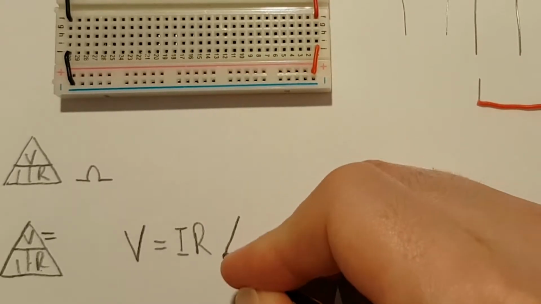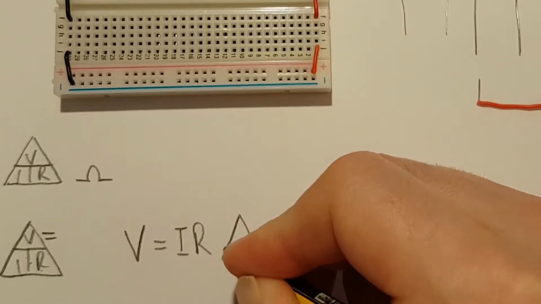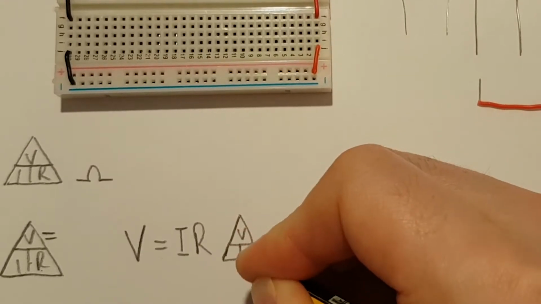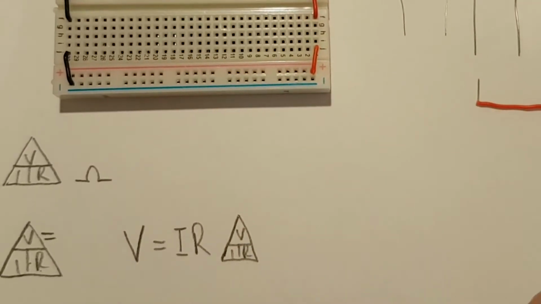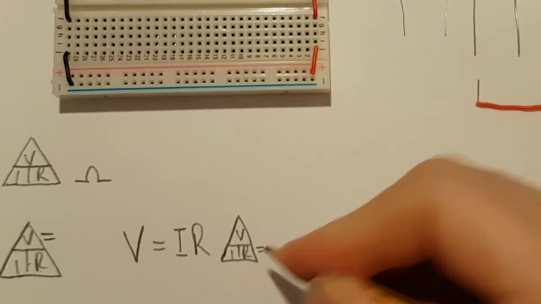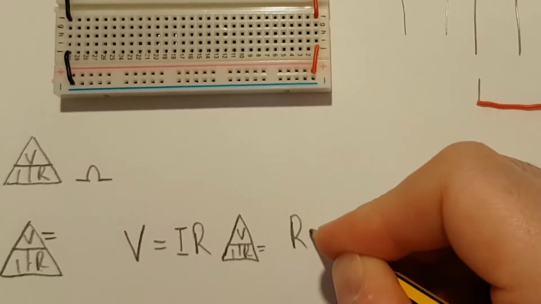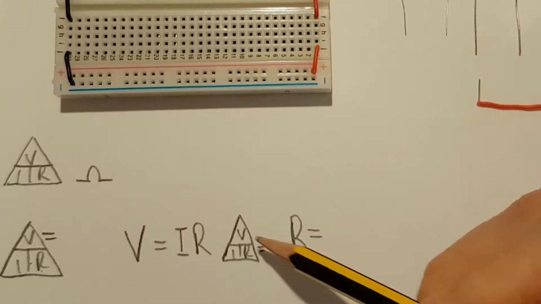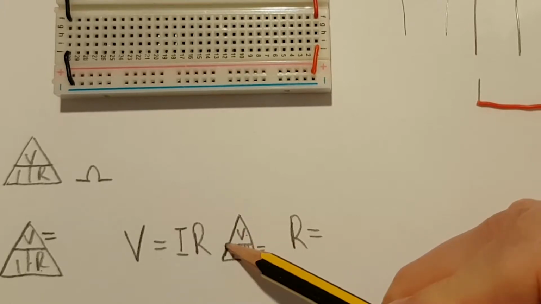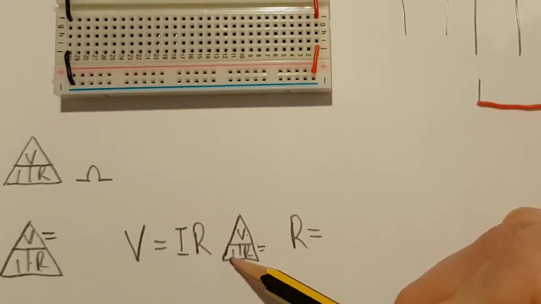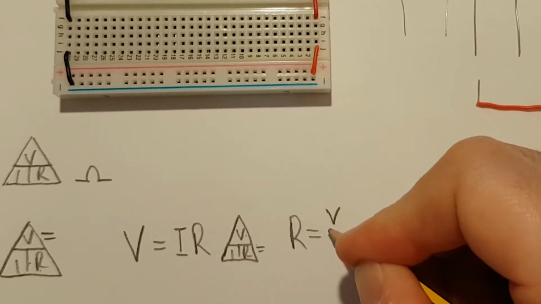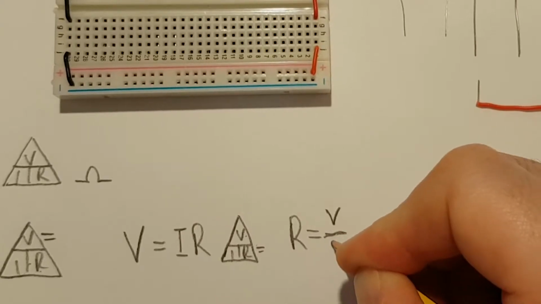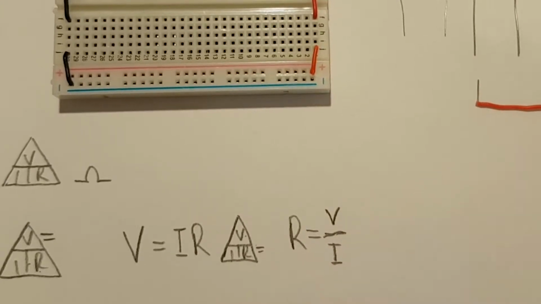Second triangle, we're going to put the equals in front of the R. So we have resistance equals V, voltage, over the I, voltage divided by current.